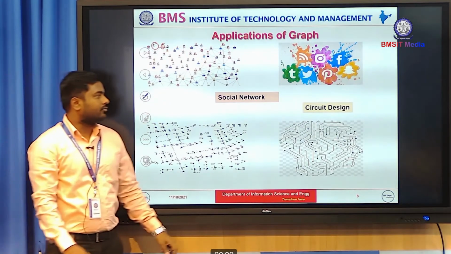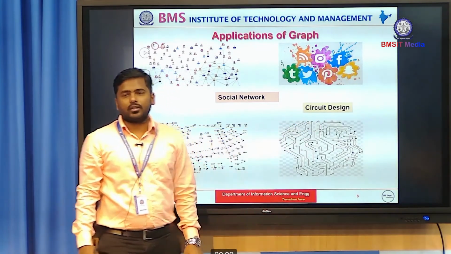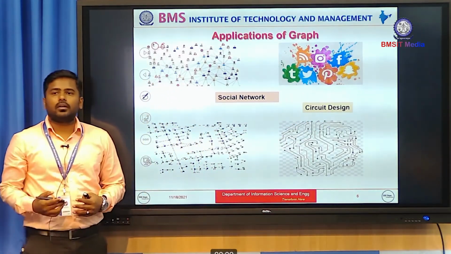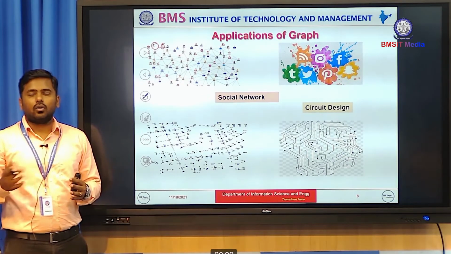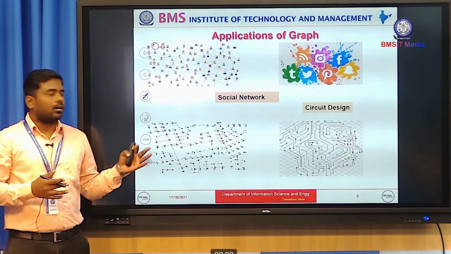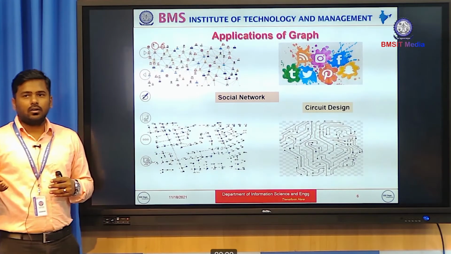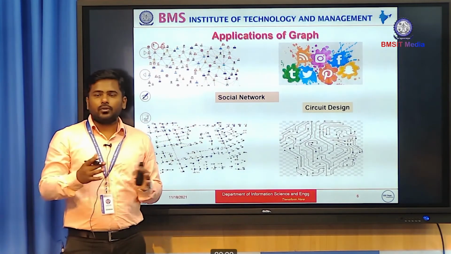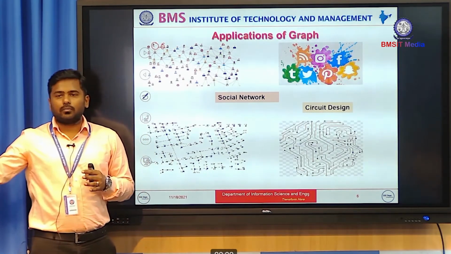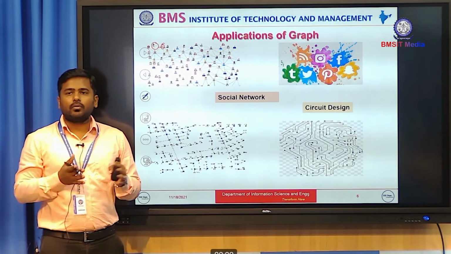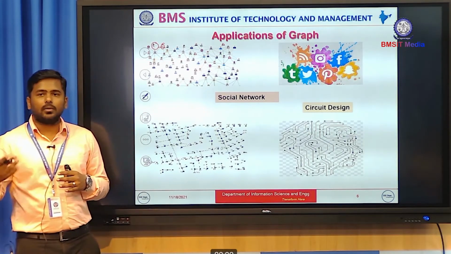Next, we have circuit design where we can use the concept of graph theory. Consider when you are developing a PCB. PCB is a printed circuit board, where a lot of electronic components are connected with conducting paths to form an electronic circuit. One electronic component should be connected to another component so that proper flow of electric current occurs, so that we get the desirable output.